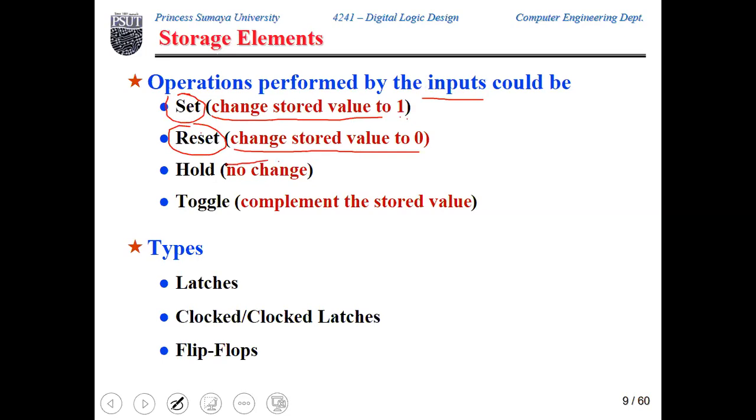Also, depending on the type of the storage element, the operation specified by the inputs could be no change. In other words, keep the stored value as is, which we call hold. Don't change the value. And lastly, some storage elements support the operation of complementing the stored value, which we call the toggle operation.